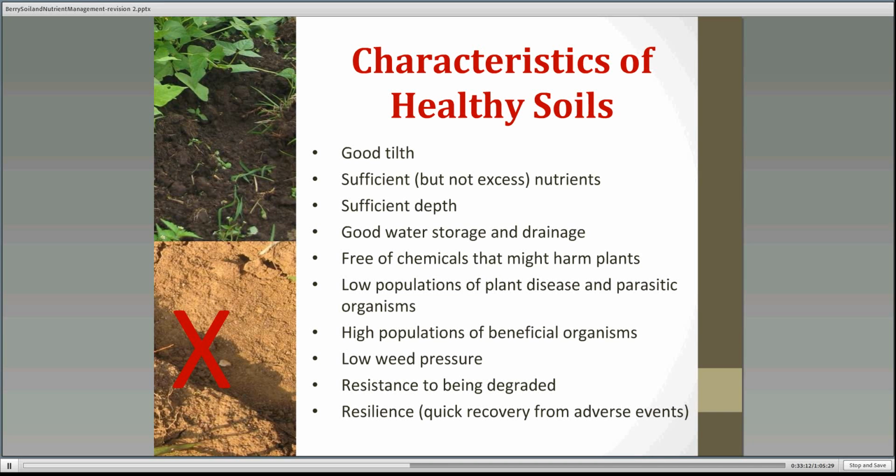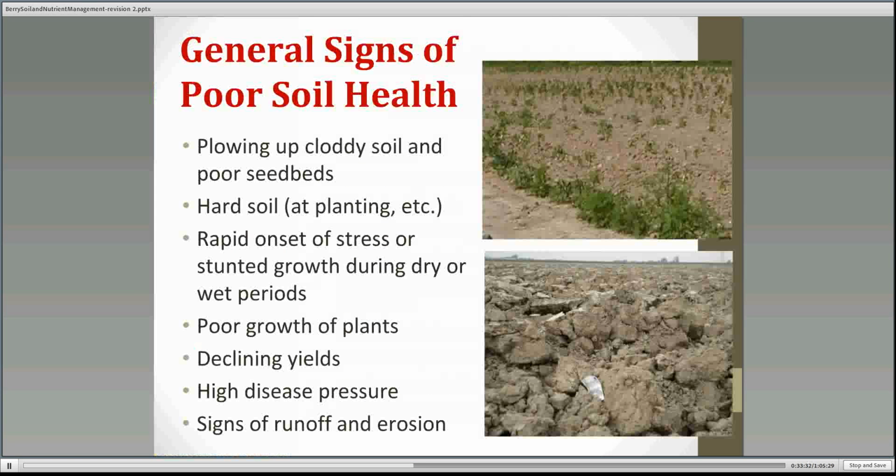Healthy soil has lower weed pressure, and it has some resistance to being degraded. And all of these help it become more resilient. So it has a capacity to recover quickly from adverse events, and those are characteristics of healthy soil.